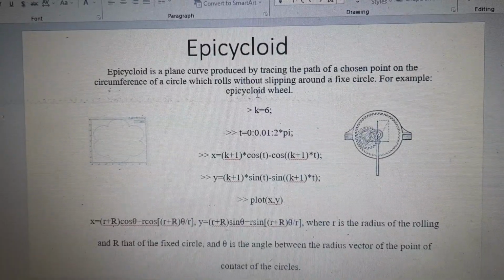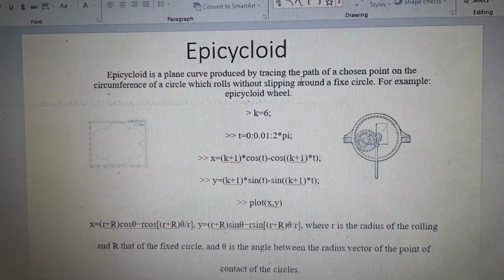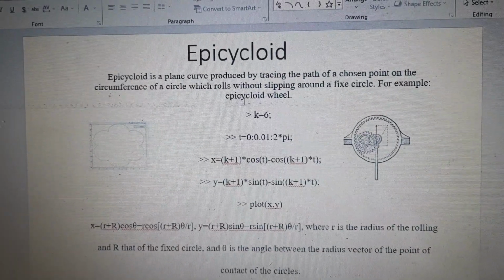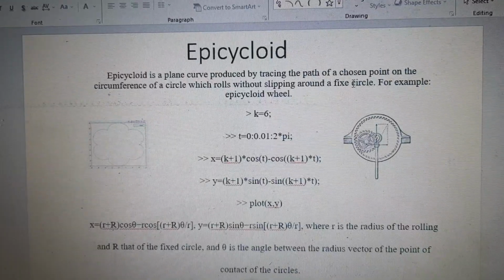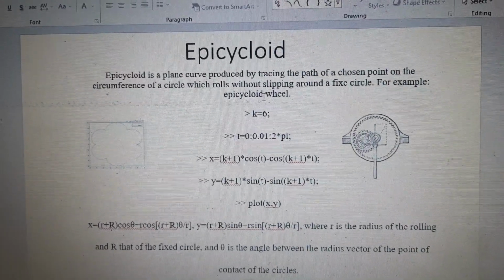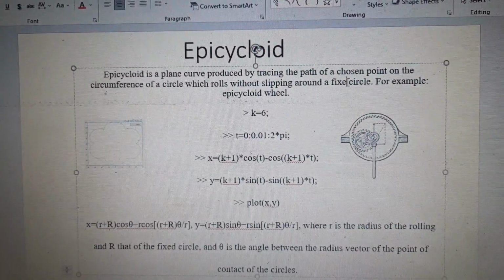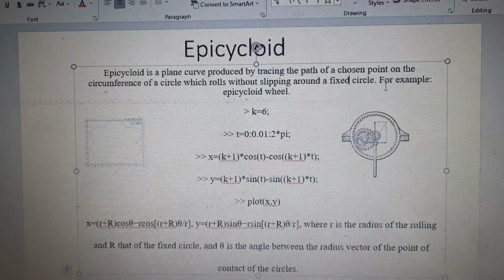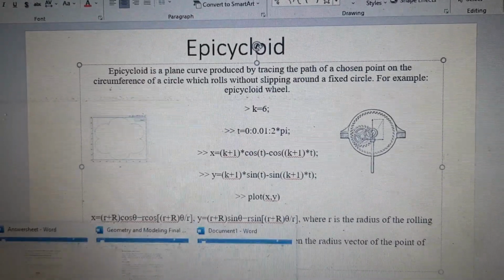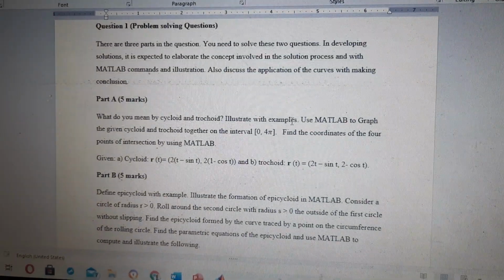Here is an example of an epicycloid. Here is the fixed circle. And then the illustration with example is also given here.